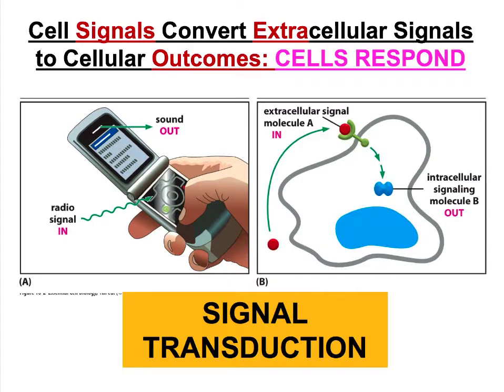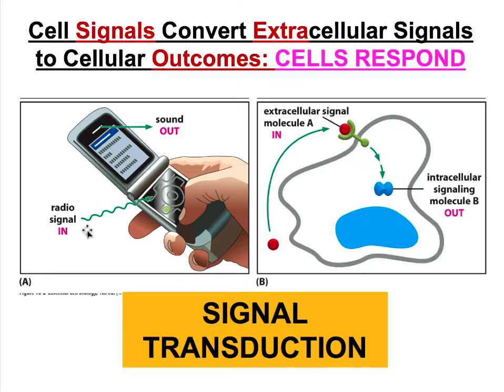In science, when signals are converted from one form to another, or when messages are converted from one form to another, or when energy is converted from one form to another, we use the term signal transduction. So signal transduction simply means transducing something, converting it from one form to another. The example they use is a cell phone where the signal comes in and sound comes out.